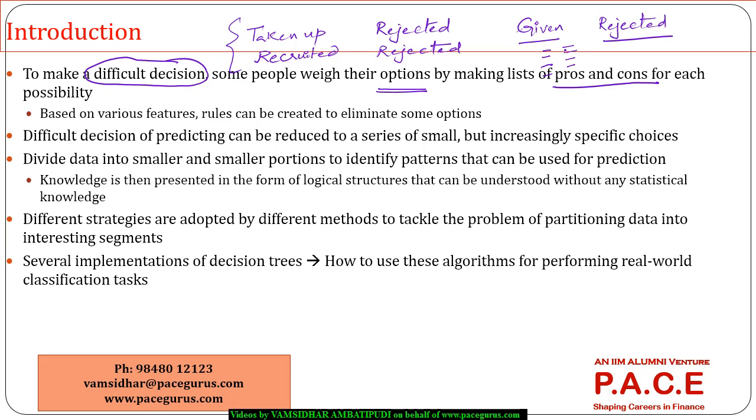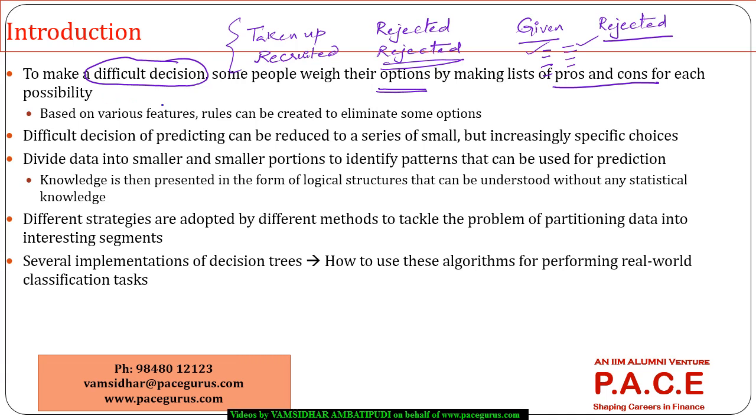Why should I not give a loan? So I make a list of pros and cons for each possibility. If I am rejecting a particular person, why should I reject him? Why should I not reject him?